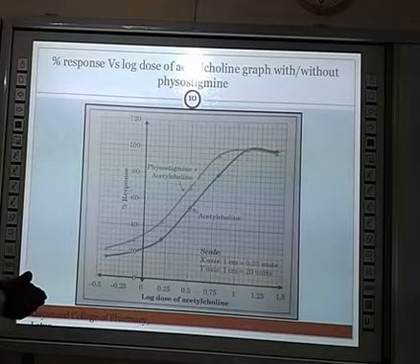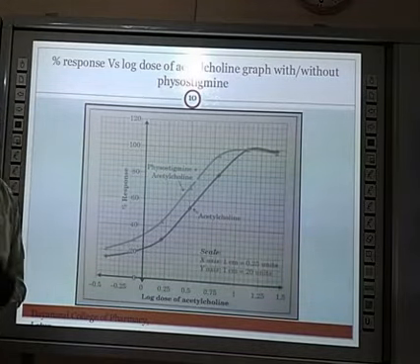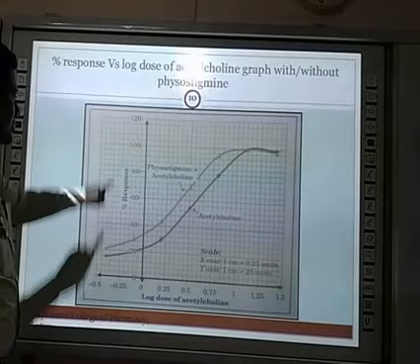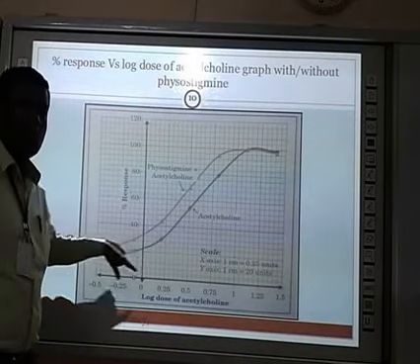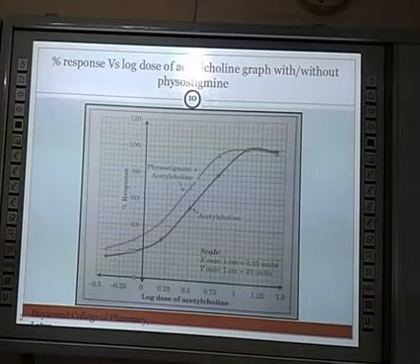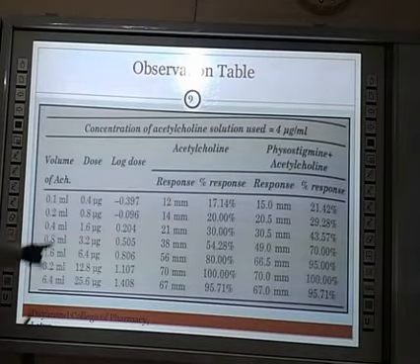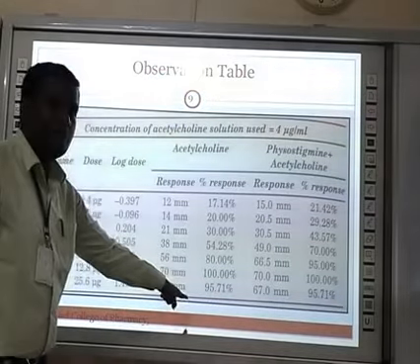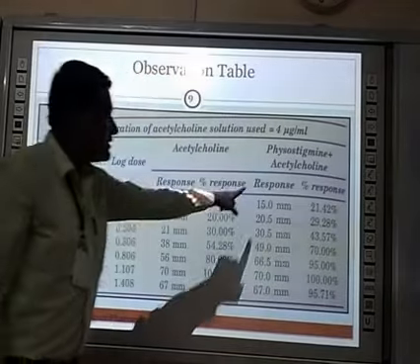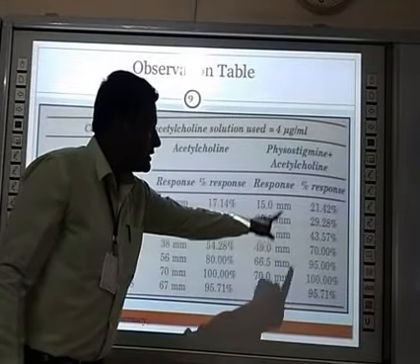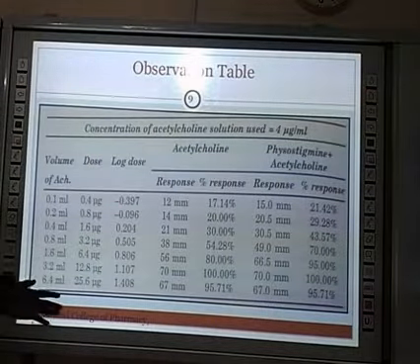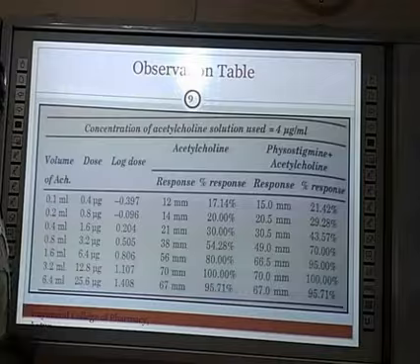Next is the graph. We have to plot a graph of percent response versus log dose. This is the percent response for acetylcholine without physostigmine, and this is the percent response with physostigmine. We plot both curves against log dose.